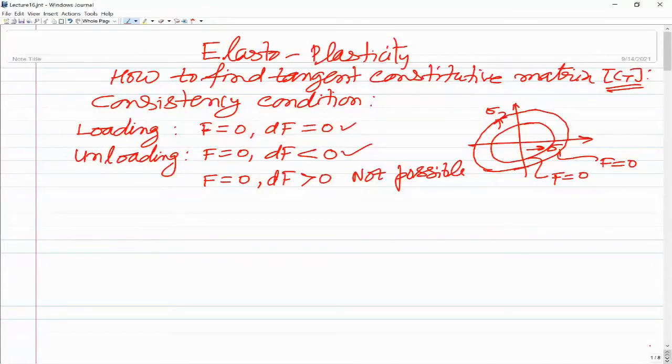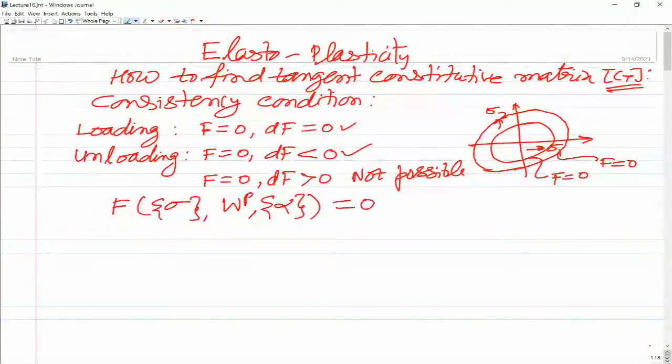For the loading, we have already seen that F, the yield function, is a function of sigma, the plastic work of stresses, or sometimes it might be expressed in terms of equivalent plastic strain, and the kinematic hardening parameter alpha, or sometimes in the literature it is used as x. So alpha is a back stress. So F is equal to 0, and then dF is also 0.